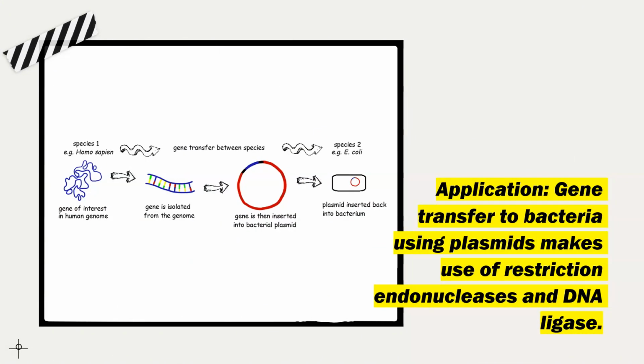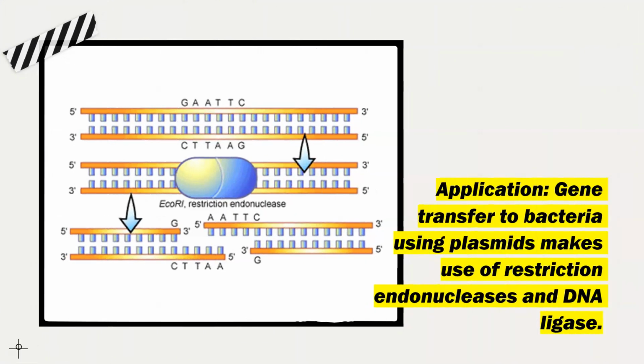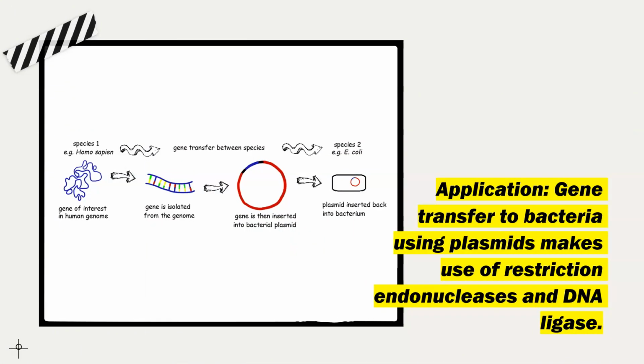Alrighty, so your next application understanding is that gene transfer to bacteria using plasmids makes use of restriction endonuclease and DNA ligase. We've already spoken about how restriction endonuclease and DNA ligase are used in this process, but let's look at that in a bit more detail.